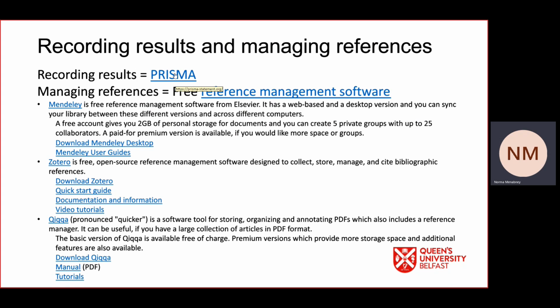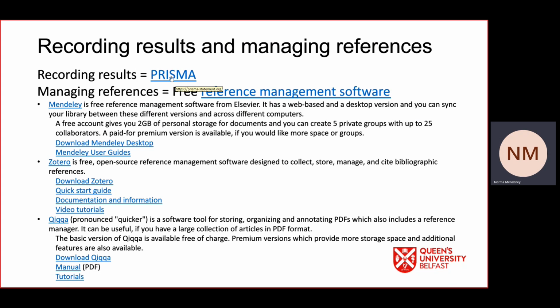But you could also use an Excel spreadsheet where you list the databases, you put a date beside each, which date you searched them, what number of results you got, then the number of results when you looked at all the titles and the abstracts, and the final number of results whenever you read the articles, so that you have a neat final number of articles that are useful and relevant to you.